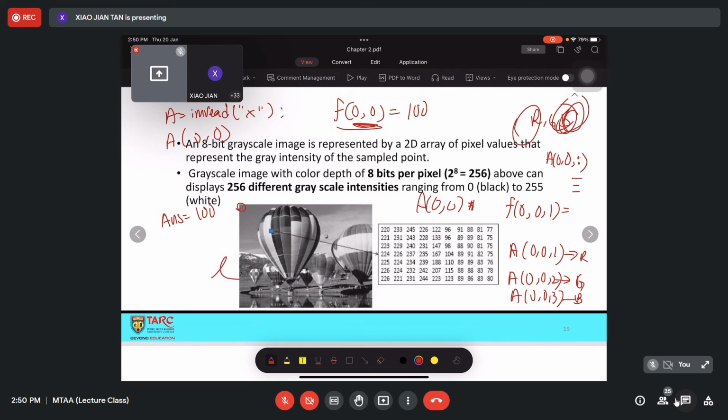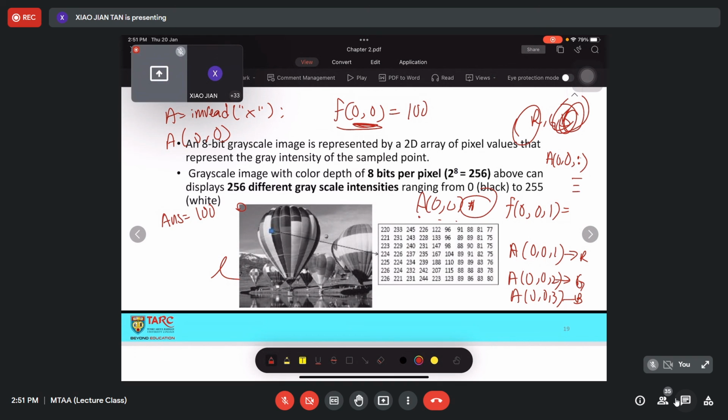So this is the trick in Matlab, how Matlab actually processes the data and also presents the data. So let's say you put A(0,0) and it only shows one value, and obviously the input image is a color image. Please do not say that it has only one value. No. Just that the way Matlab processes the data is a bit different.